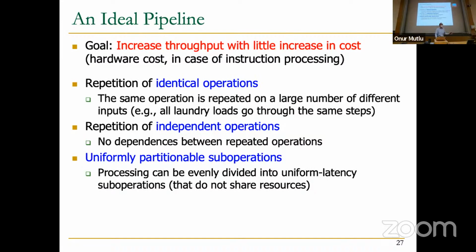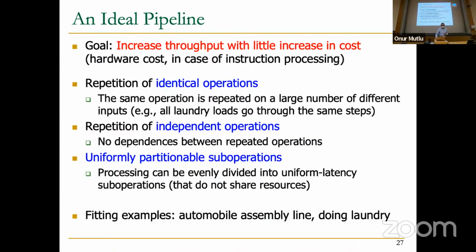Actually, division into perfectly equal amounts of time in pipeline stages has been shown to be NP hard also. Okay, so basically an ideal pipeline is much closer to an automobile assembly line and doing laundry, but not so much the instruction processing cycle. I'm giving you a heads up of what the instruction processing cycle looks like.